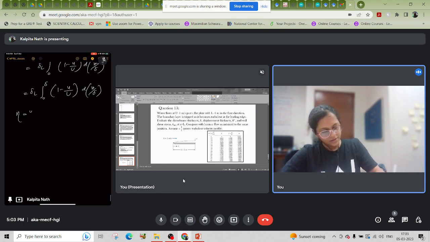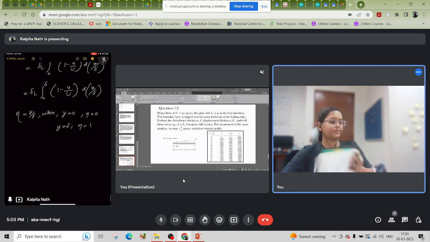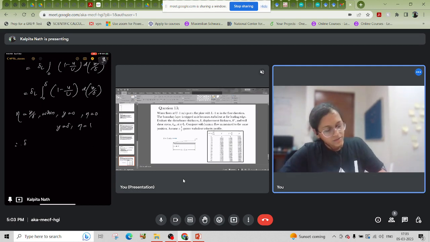That is, eta is equal to y by delta. When y is equal to 0, eta is equal to 0; when y is equal to delta, eta is equal to 1. Therefore, delta L star is equal to delta L times the integral from 0 to 1 of 1 minus eta to the power 1 by 7 d eta.